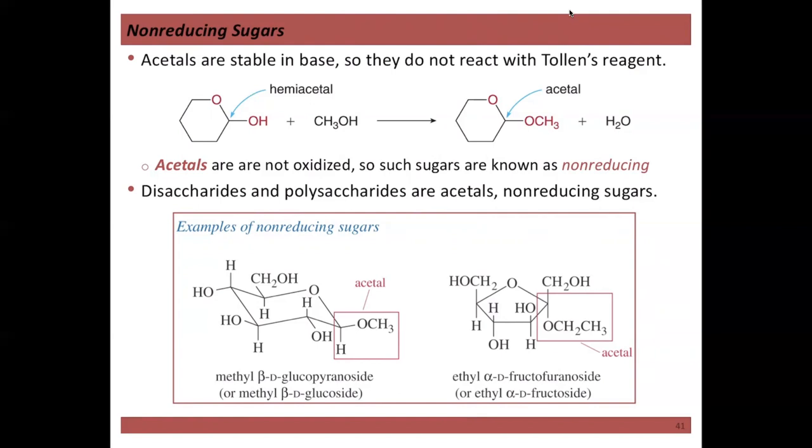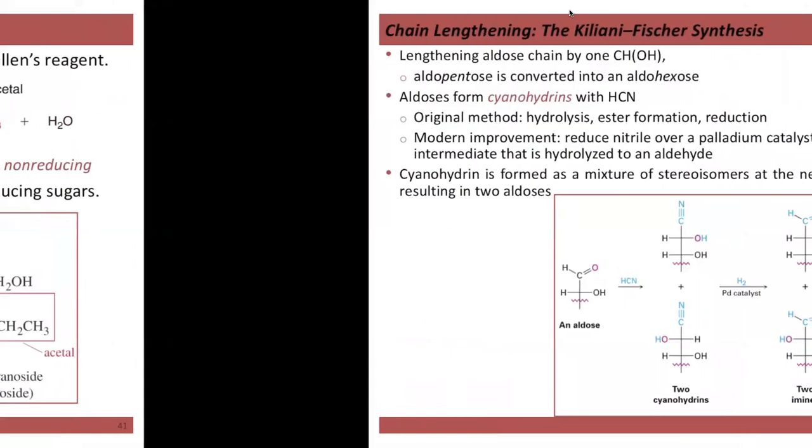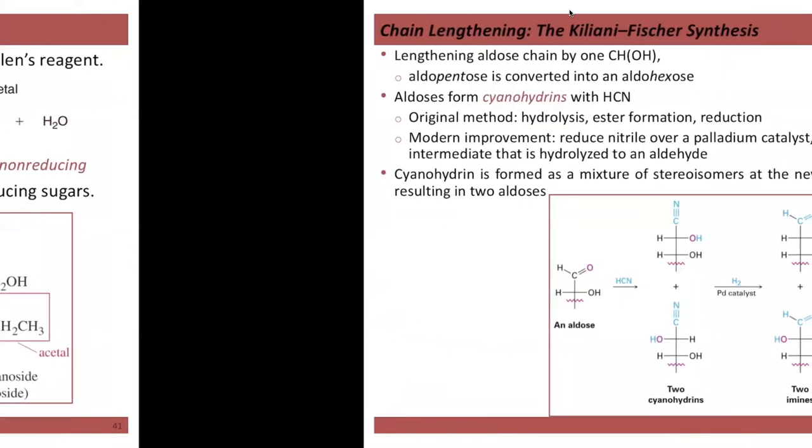So if you have this acetal linkage, you're actually referred to as a non-reducing sugar. Hemiacetals here are reducing or can be oxidized. This linkage here prevents oxidation. And so they're known as non-reducing sugars. This right here is known as a reducing sugar. So let's take a look at that a little bit later.